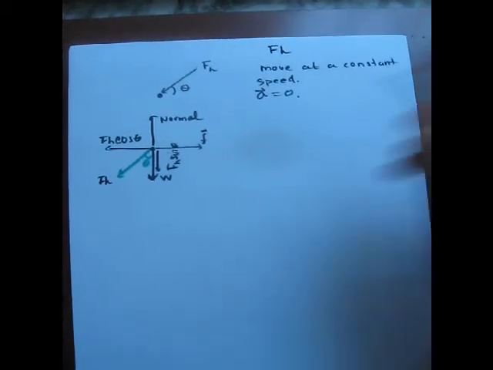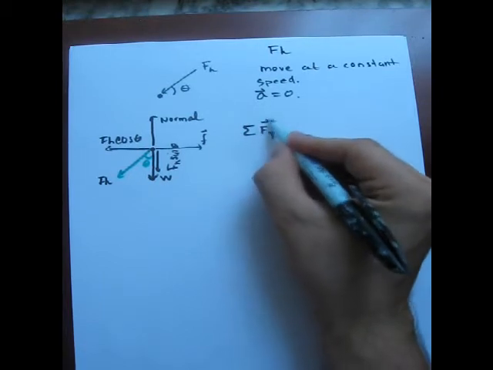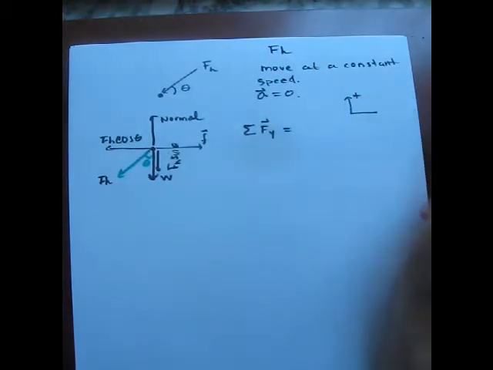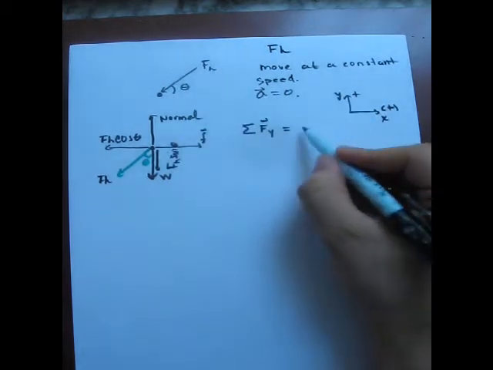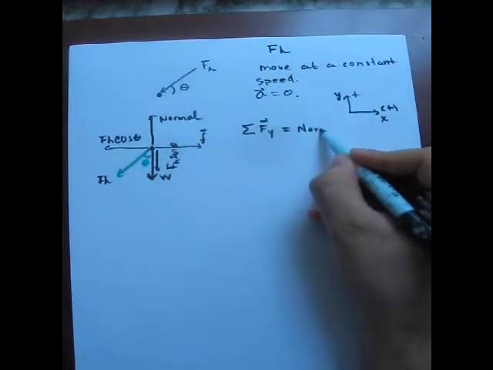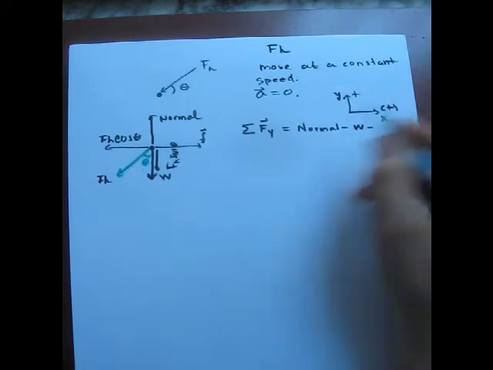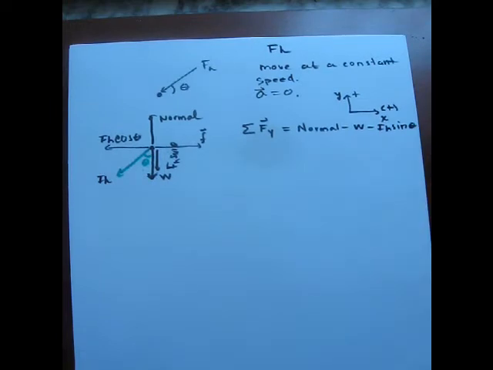Now let's write our sum of forces in the y direction, and let's take positive to go up and positive to go that way too. So this is the y, this is the x. So normal minus weight minus F of H sine of theta equals 0.